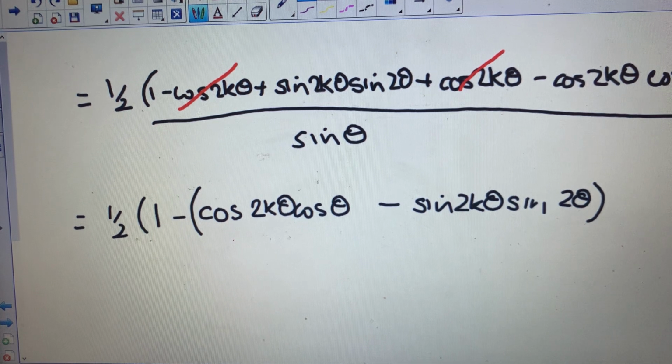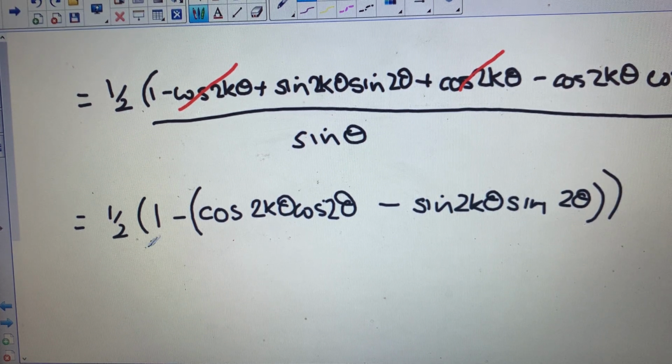She lied. Can you see that's minus cos 2k theta cos 2 theta, and when I've written it there, I've lost the 2. In fact, I don't think I can subtly squeeze it in. So let's go back and make sure I've done that properly. Okay.